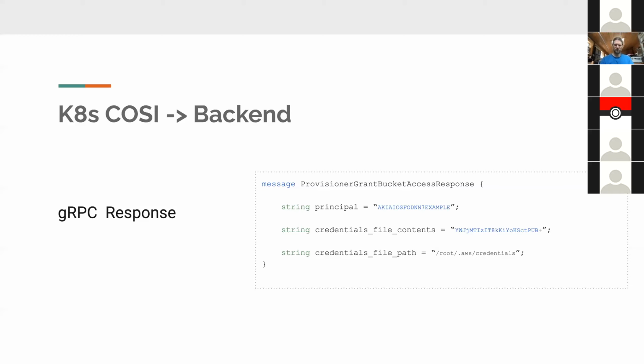That is the user's home /.aws/credentials. Now that means we'll have to rely on the volume mount to tell us exactly the directory where this file has to go in.